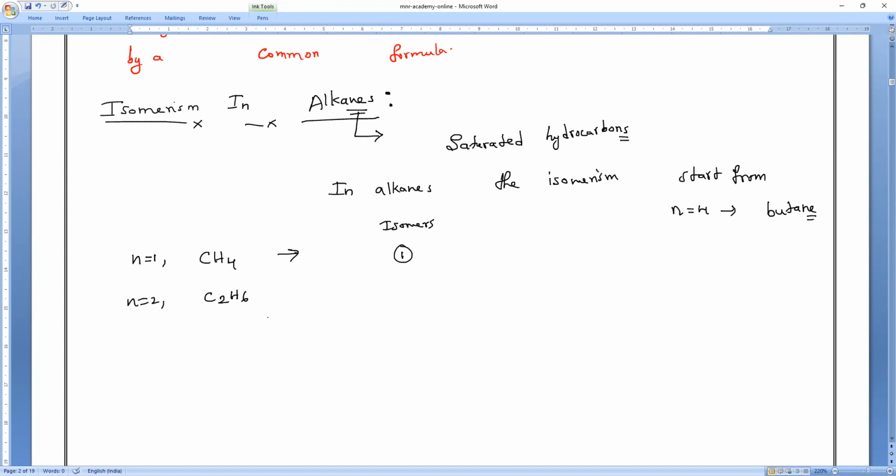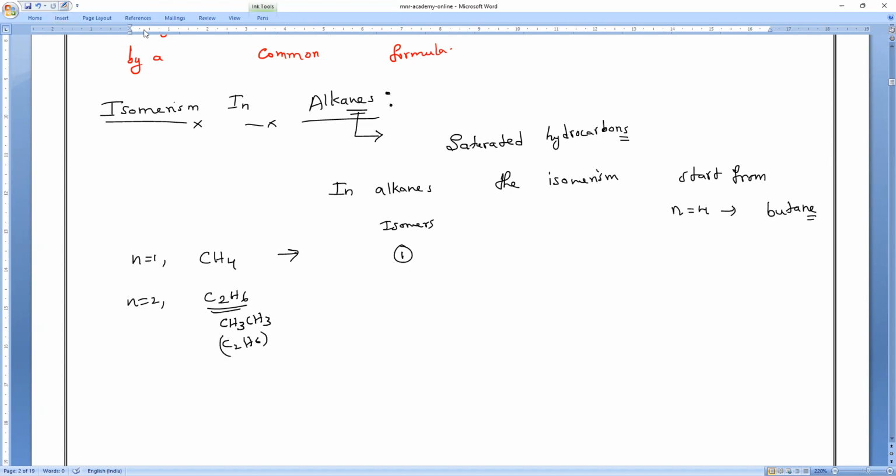Can you tell me the structural formula of C2H6? CH3, CH3. Please don't get confused. If they give you CH3, CH3, it is C2H6 only, both are the same.